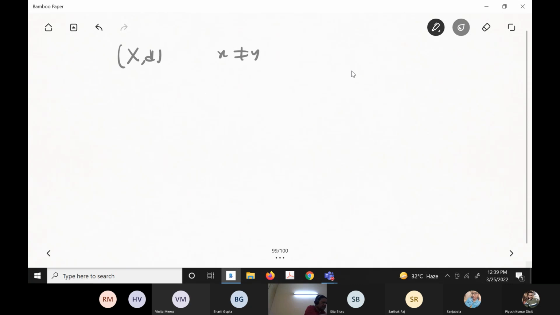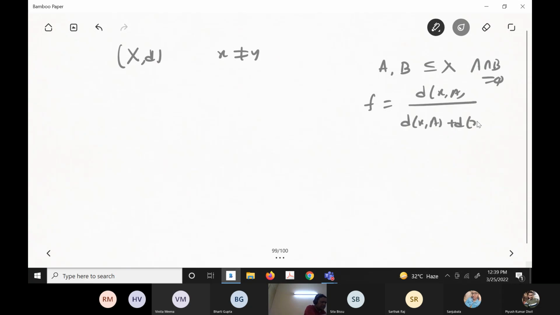What is this function? You remember when you have two non-empty, closed, disjoint sets in a metric space, then you have this function, with A you take this, B you take this. Be careful about this.